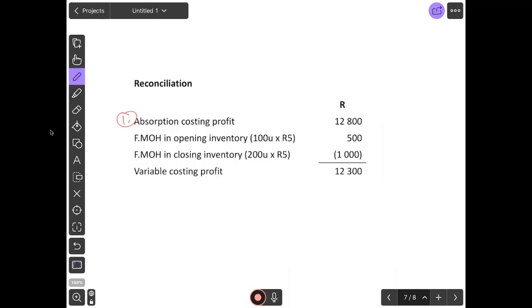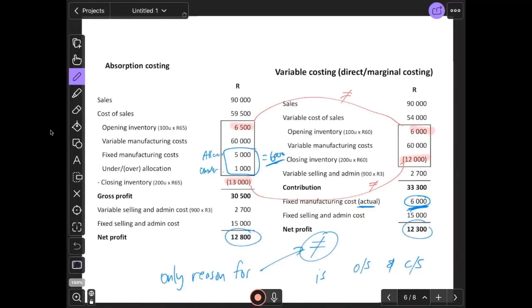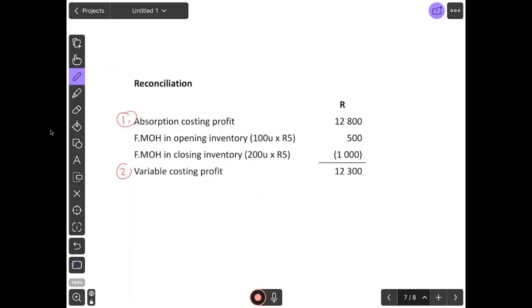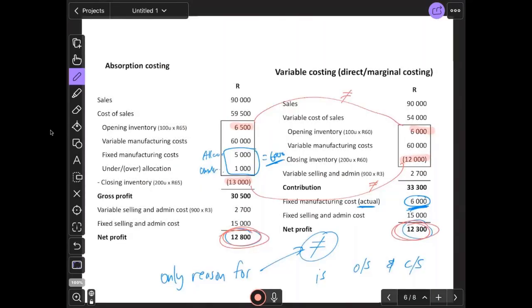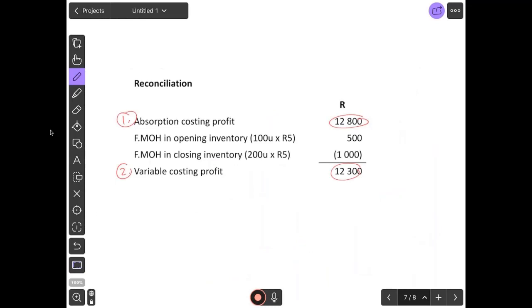So you can see that comes from here. And you end with something else, variable costing profit. It comes from here. So we're going to reconcile the two. So we start with one and we end with the other one, and we show all that is different between the two. We need to explain what is different between the two.